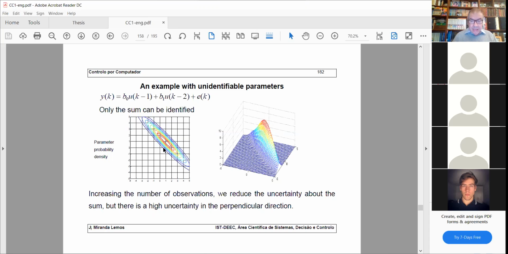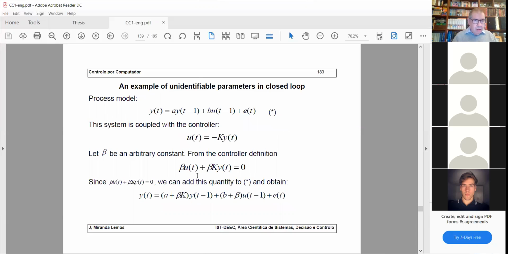There are some directions along which P is decreasing, and along the orthogonal, not identifiable directions, it stays the same. Any question? Okay. So we have this problem of unidentifiable parameters.